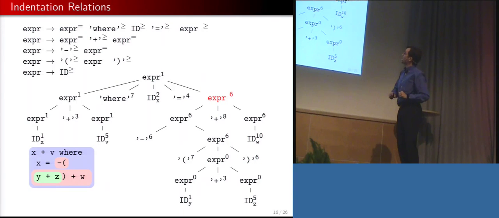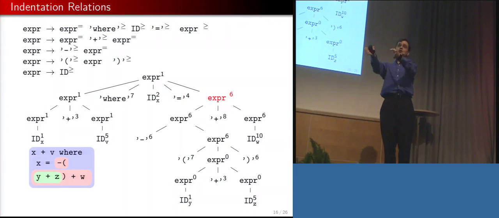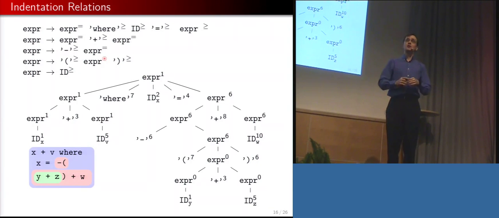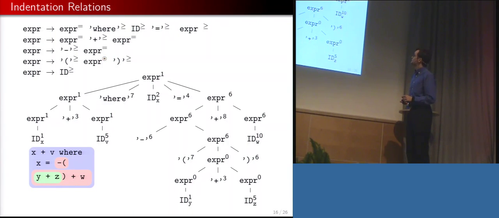So for example, the right-hand side of that equality occurs at indentation 6, which is allowed because it's greater than or equal to the indentation of its parent, which is at 1. A similar thing happens for the inside of parentheses. Here I need a new relation called splat that just relates all integers to all integers. And this allows me to put expr at 0 when its parent is at 6.